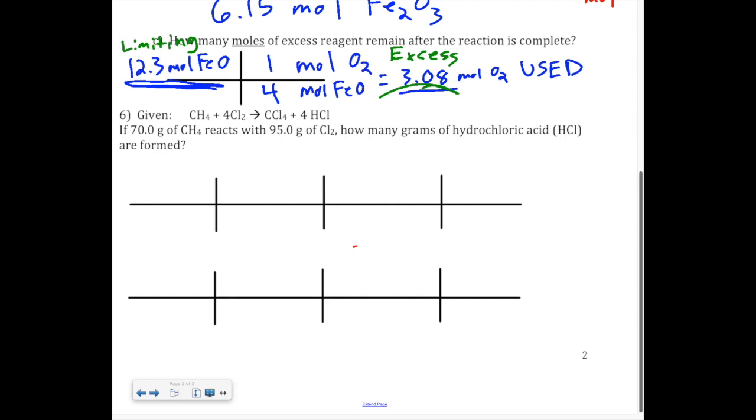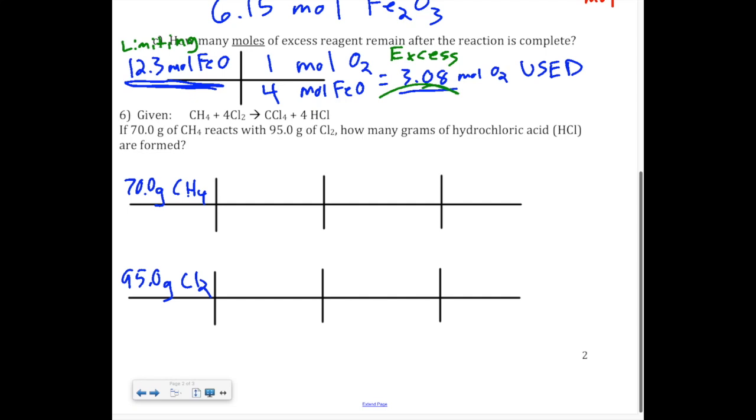So I have my equation and I have my starting numbers. I just need to convert them all to one product and then find out which one's less. So start with 70.0 grams of CH4, and then down here start with 95 grams of Cl2. Now this is a limiting reactant problem, but it never explicitly tells me that it's a limiting reactant problem.